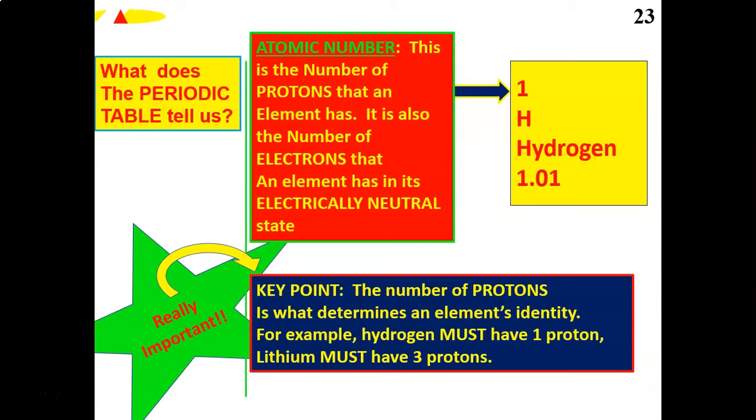For example, hydrogen must have 1 proton. Lithium, for example, must have 3 protons. Lithium could gain or lose electrons and still be lithium. It could gain or lose a neutron and still be lithium, but it must have 3 protons to be lithium. Hydrogen must have 1 proton to be hydrogen.